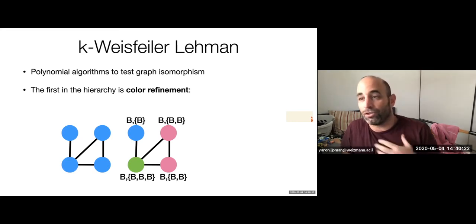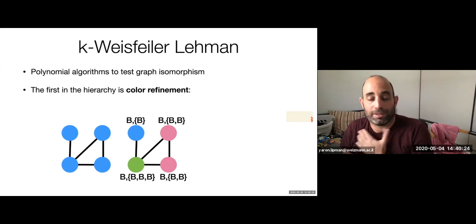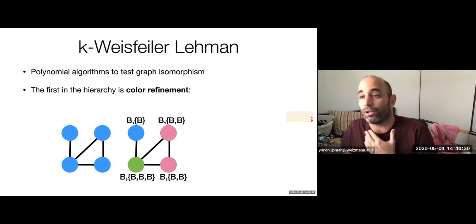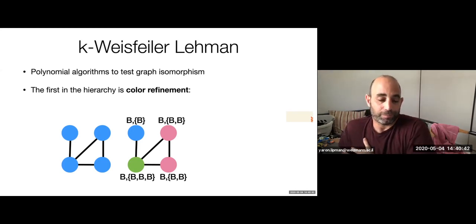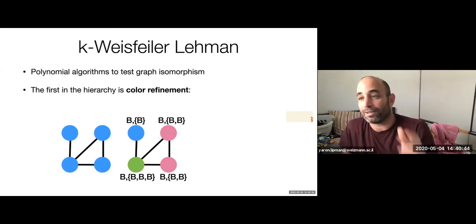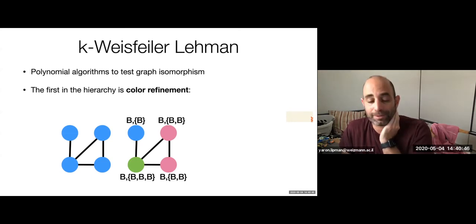The actual choice that people made, which we liked and used as well, is the k-Weisfeiler-Lehman algorithms. These are all polynomial algorithms. It's a hierarchy of algorithms, and each one in this hierarchy does a better and better job of separating non-isomorphic graphs. The first one in this hierarchy is called color refinement.